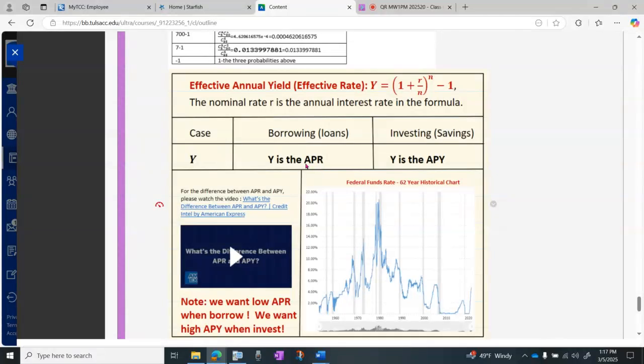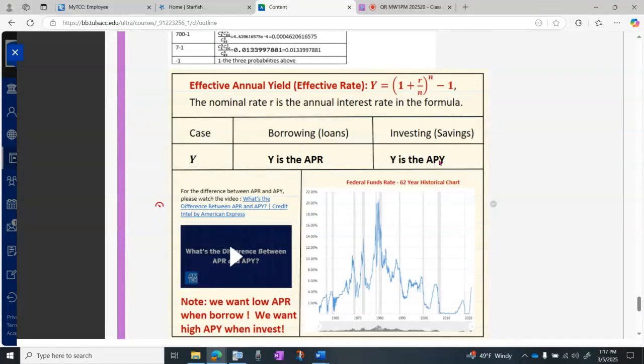APR stands for annual percentage rate. APR is our effective annual yield, or just the effective rate, our big Y in our book. It just has a different name in reality when it comes to a loan.